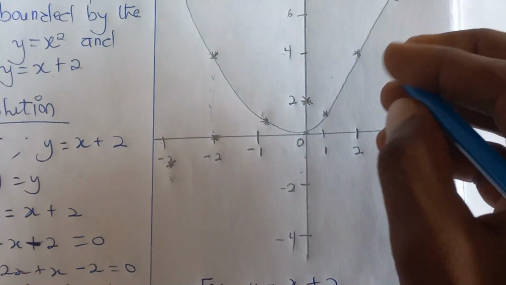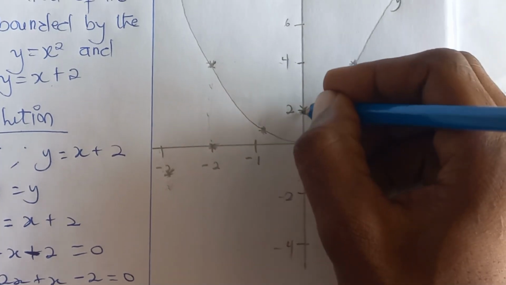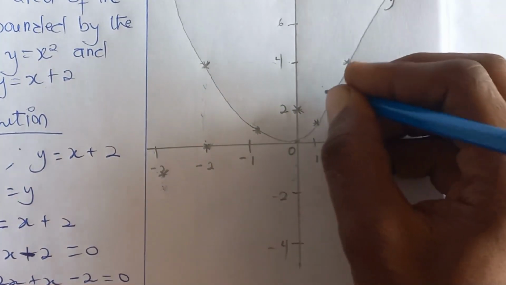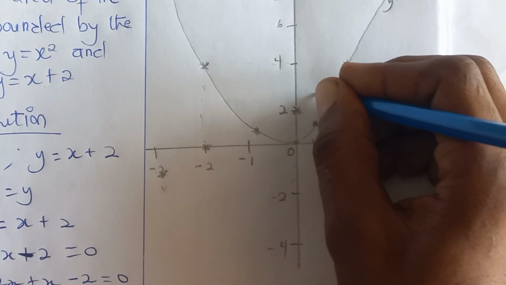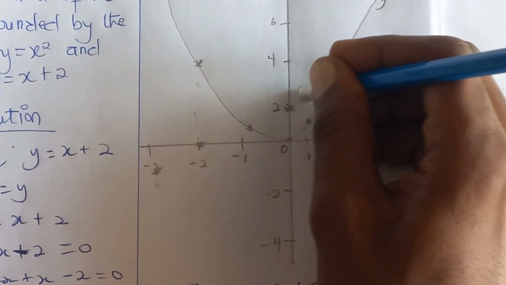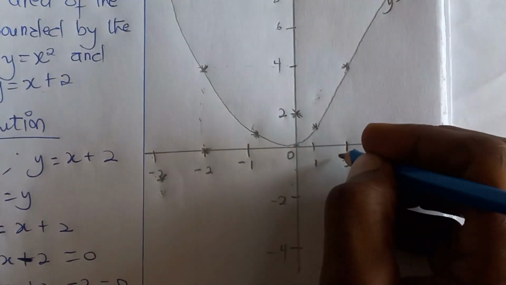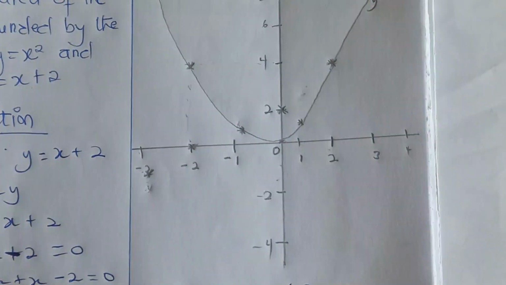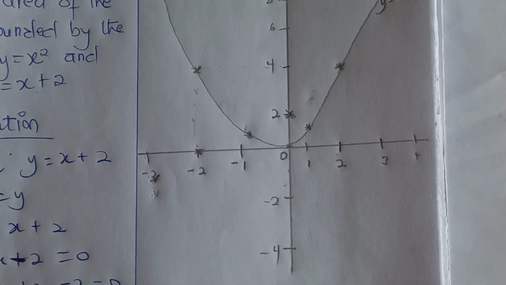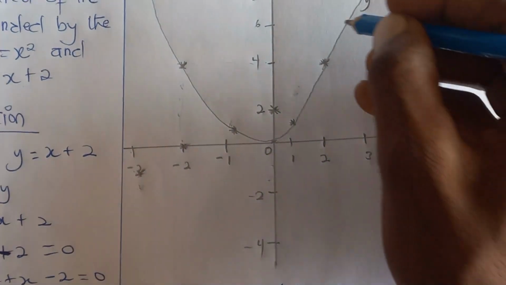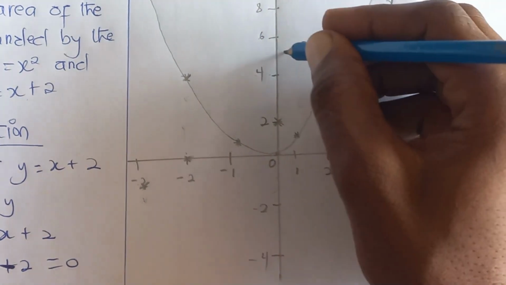1, 3. So it means that the interval between 2 and 4 is very large. So let's do it here. 2, 4, sorry. Same point. Then 3, 5, somewhere here.